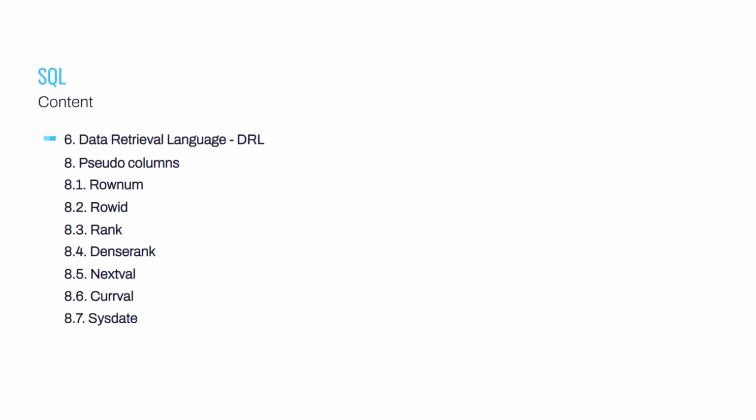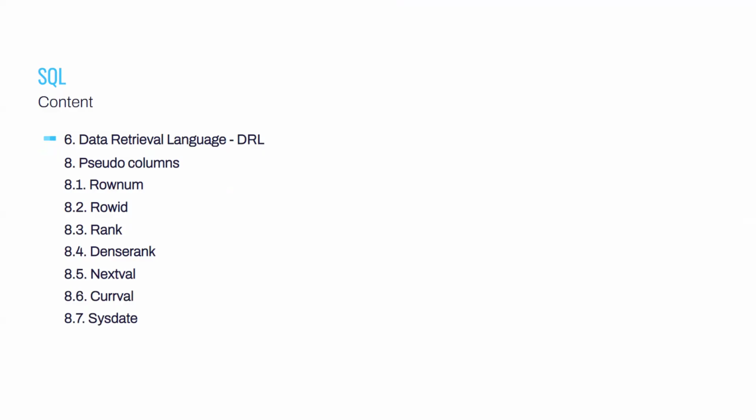Then there are some pseudo columns. What does it mean? In general, in SQL syntax, if you use any one of these keywords, it has a separate meaning and returns some value at runtime. That we can call a pseudo column.